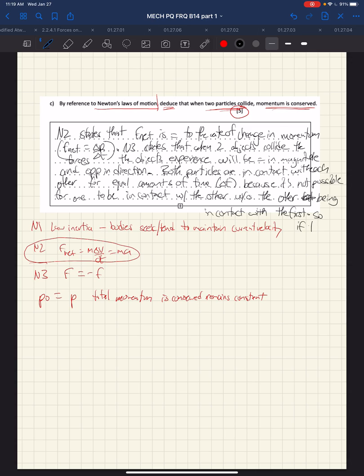So if the forces are equal and opposite, and the delta T's are equal, then the delta P's are equal and opposite.